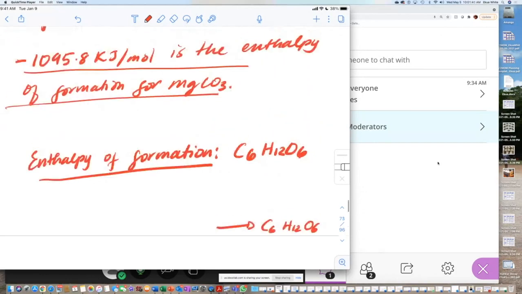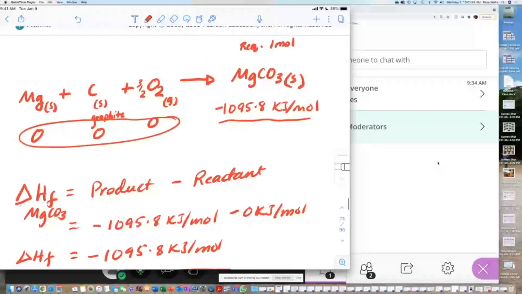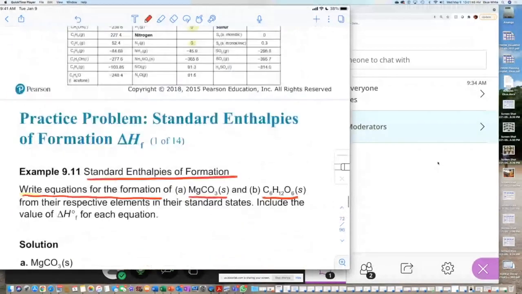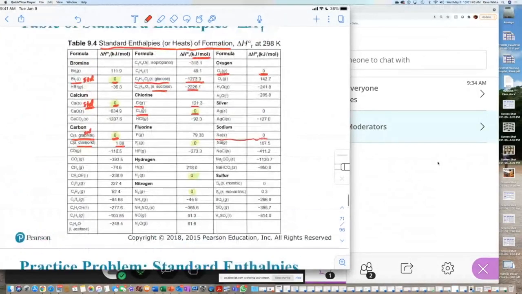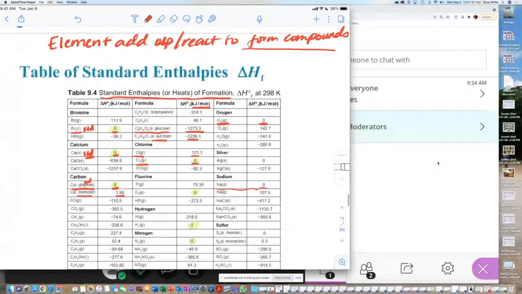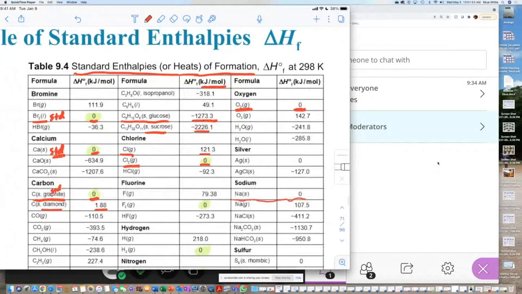So the physical state here of glucose, I want to say when glucose is formed, it's a solid. So I'm going to go back here, C6H12O6. I see it here. It's a solid. And I'm going to write the number down, negative 1273.3.